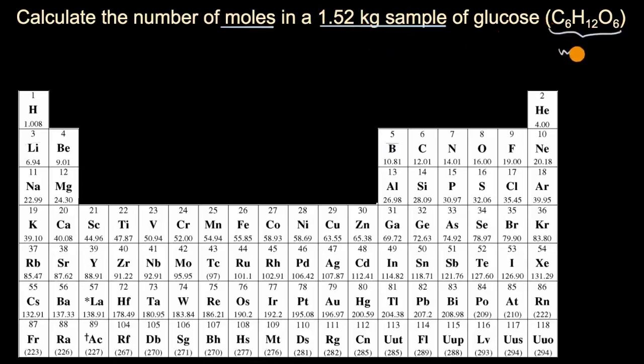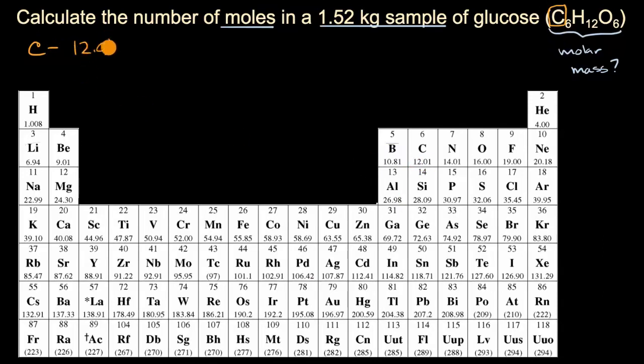So what is the molar mass of glucose? Well, to figure that out, and that's why this periodic table of elements is useful, we just have to figure out the molar mass of the constituent elements. If we first look at carbon, we see from this periodic table that it has a molar mass of 12.01 grams per mole.